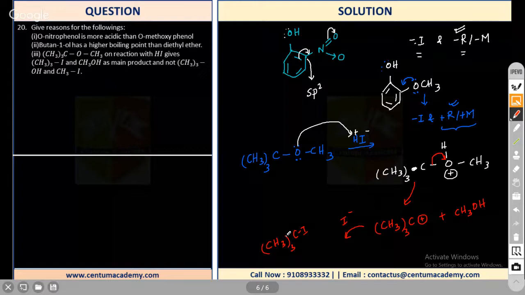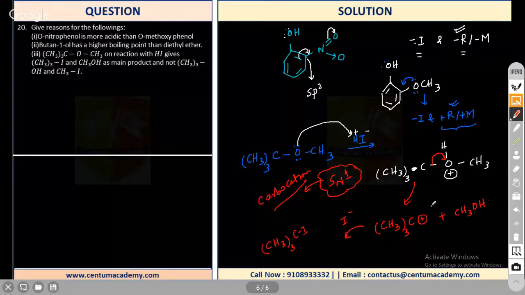The point is this reaction proceeds with SN1 mechanism. This you have to mention. And we know the SN1 mechanism proceeds with the formation of a carbocation as an intermediate, so we try to form the more stable carbocation, which is tertiary, not the primary one.